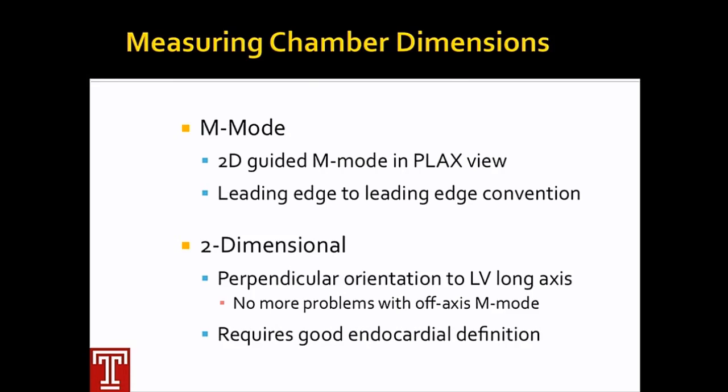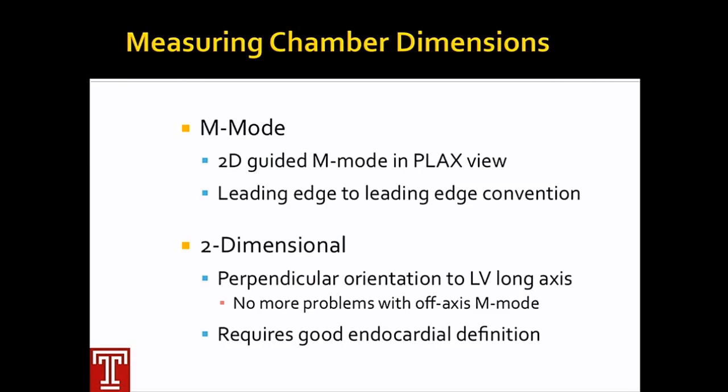Two-dimensional imaging is clearly what we do most of in modern times. And the good thing about two-dimensional imaging is that when we do measurements, either online or post hoc, we're able to much better orient our measuring calipers in a perpendicular orientation to the chamber itself, which is really important because we want to be able to have reproducible measurements, comparable measurements over time.